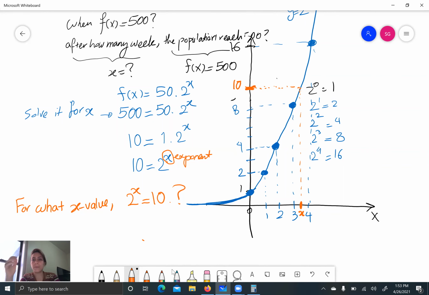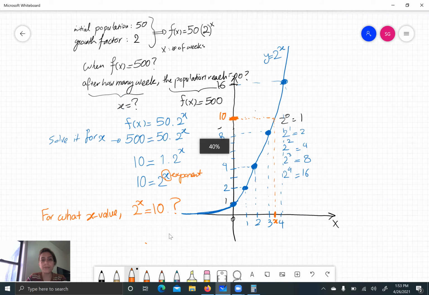Why? Because 2 to the power of 3 gives you 8, and 2 to the power of 4 gives you 16, and 10 is located between 8 and 16. Because the function is increasing, my x value must be something between 3 and 4.